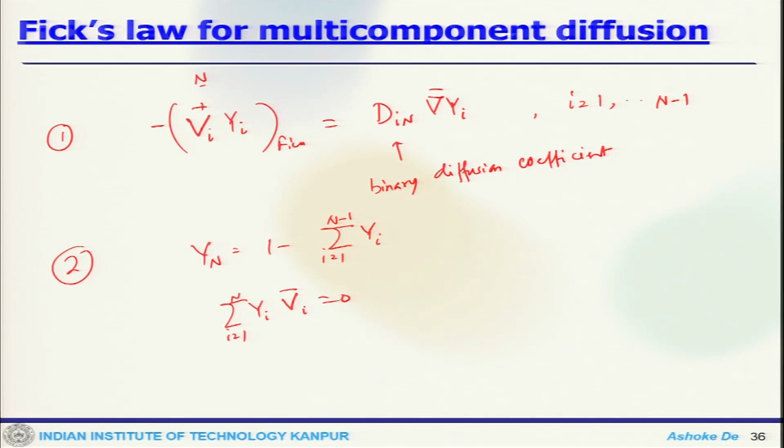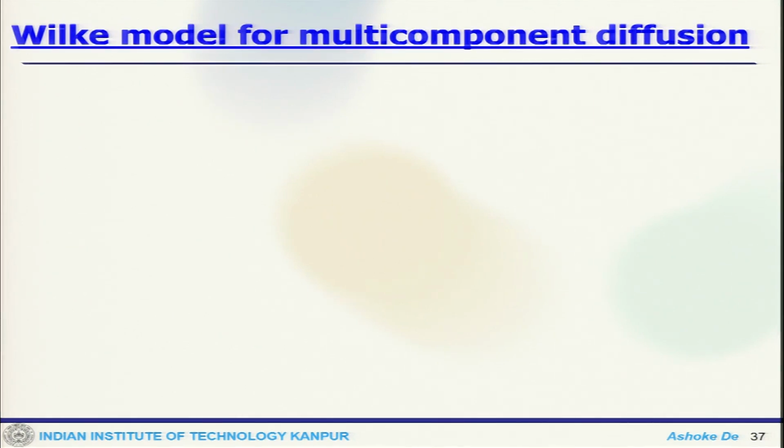Similarly, we can use the Wilke model for multi-component diffusion, where again we have to select a carrier gas, let us say nitrogen. Then in step 1 we solve the transport equation with the Wilke diffusion velocity Dim bar del Yi, where i equals 1 to n minus 1.